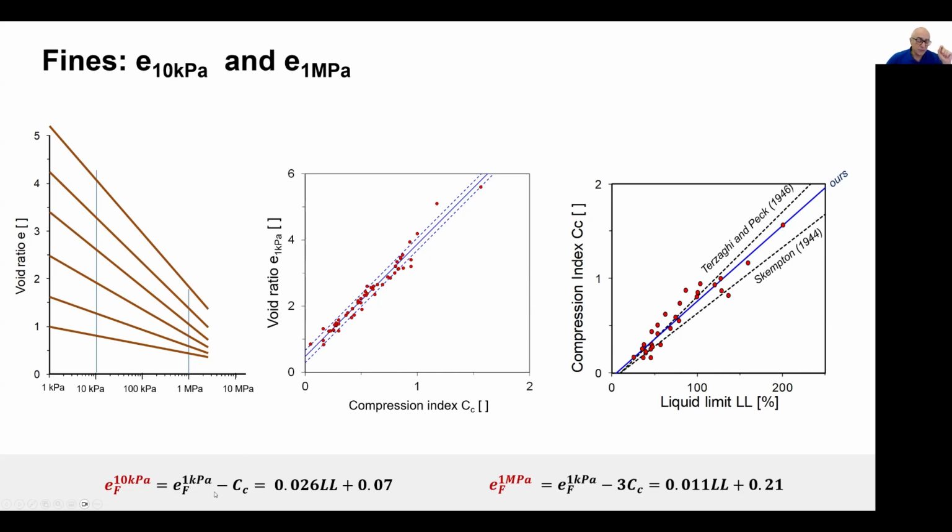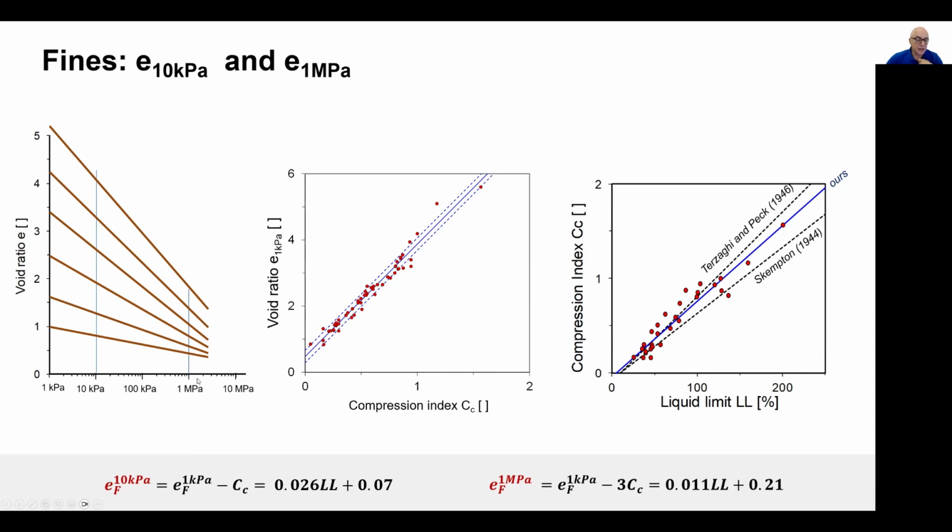We know from the mathematics of this line that the void ratio at 10 kPa is the void ratio at 1 kPa minus C sub C. Why? Because remember that this is a semi-log plot, and the log of 10 over 1 is the log of 10, which is 1.